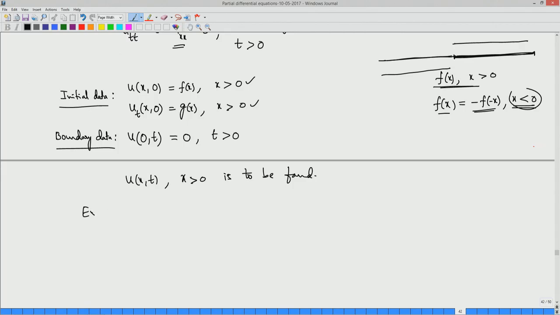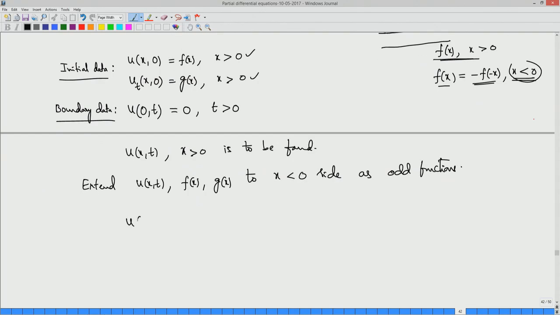So extend u(x,t), f(x), g(x) as odd functions to the x negative side. How do I do this?